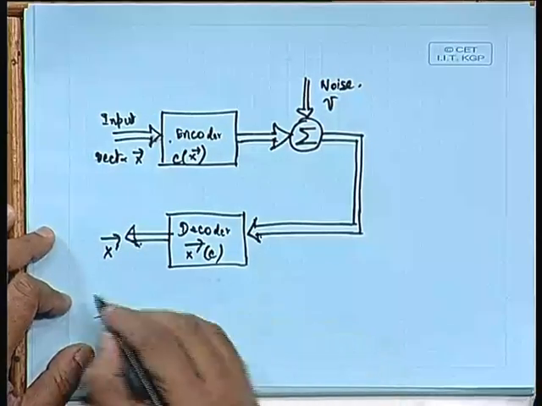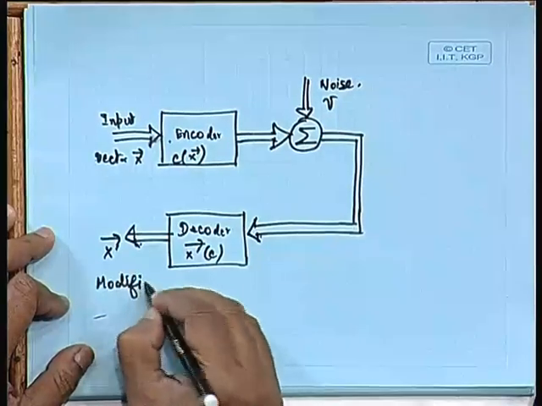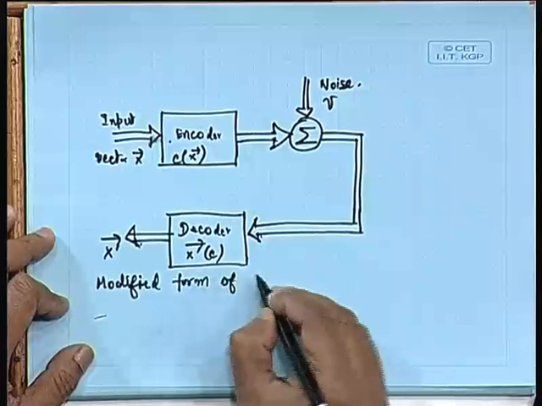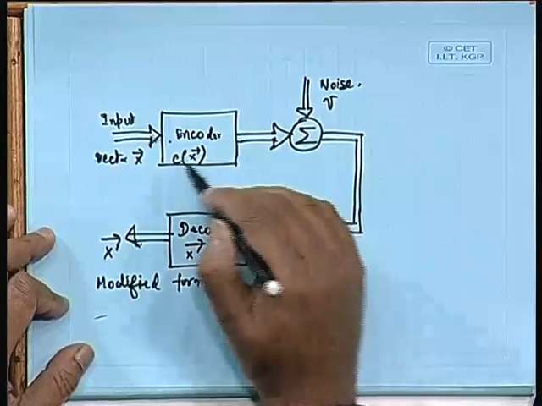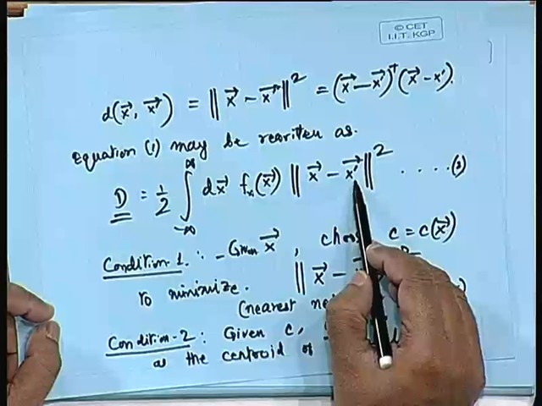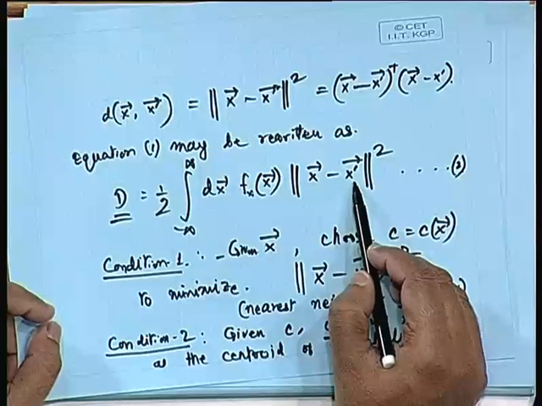So, the modified form of the expected distortion. The expected distortion that I had already written down now gets modified. How does it get modified? Earlier we were writing it as x minus x prime, and x prime was nothing but c of x.